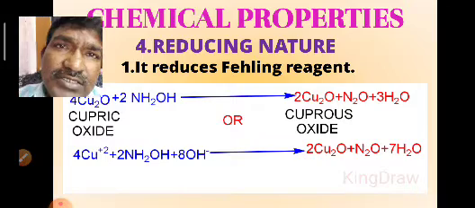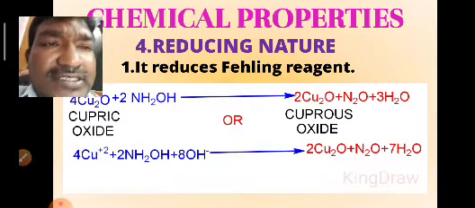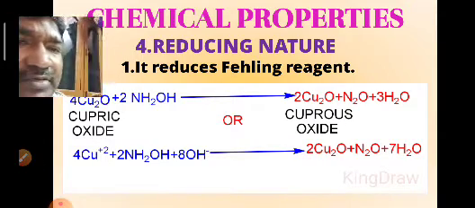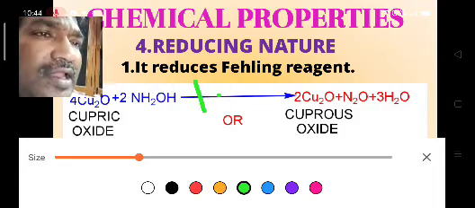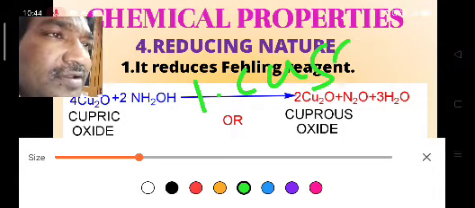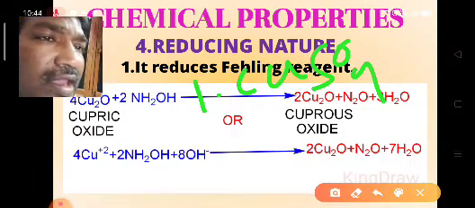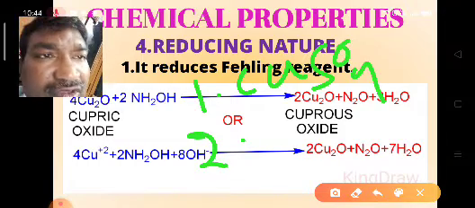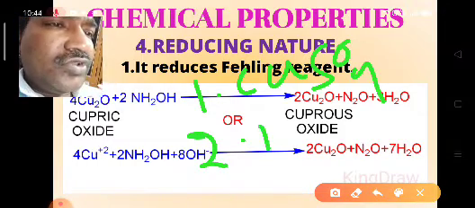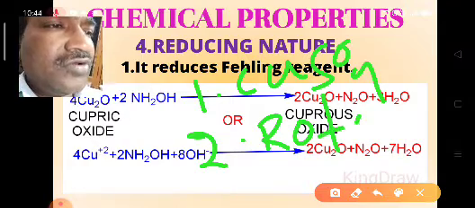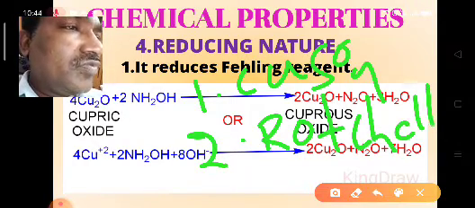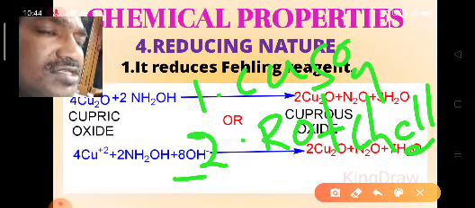And Fehling 1 is alkaline copper sulfate and Fehling 2 is alkaline solution of Rochelle salt. Rochelle salt. What is Rochelle salt?